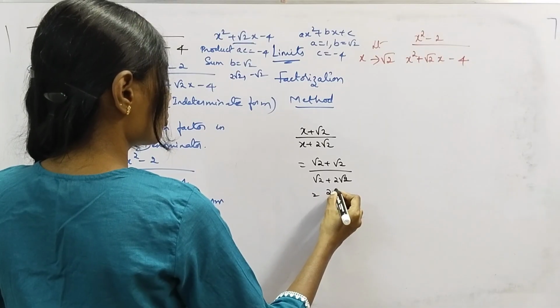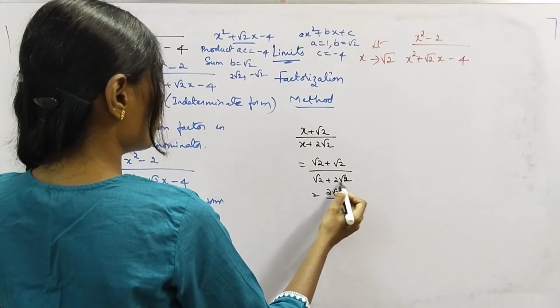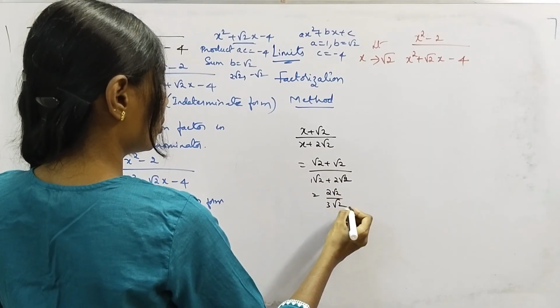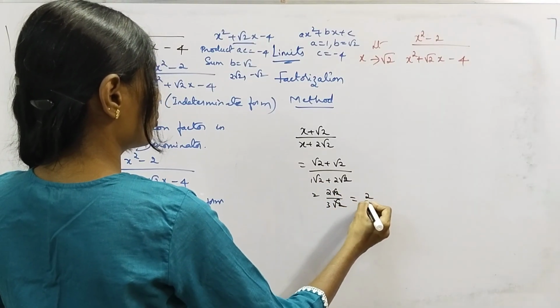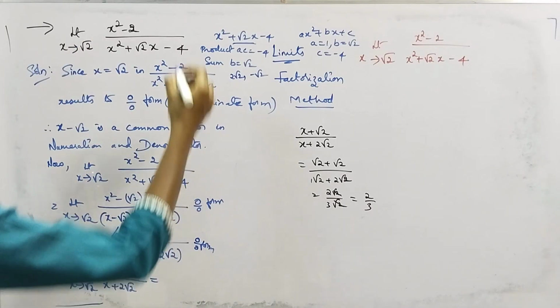Root 2 plus root 2 is 2 root 2. Root 2 plus 2 root 2 is nothing but 1 root 2 plus 2 root 2, which is 3 root 2. You will get 2 by 3, right? So the limit of the expression as x tends to root 2 is 2 by 3.